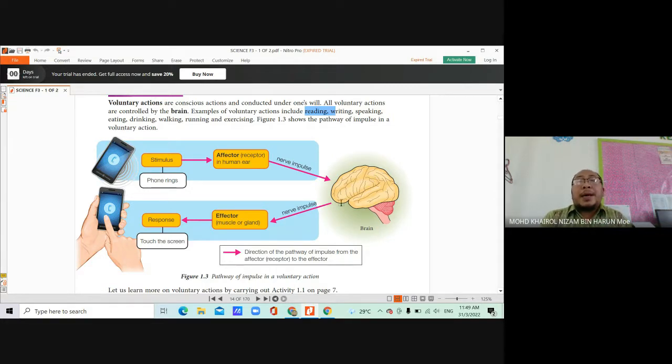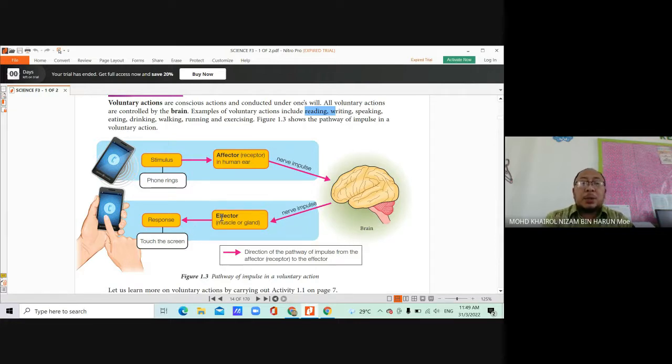When the brain classifies the action, it will give a response. These responses will pass through a different nerve to the effector. Example of effector is muscle or gland.